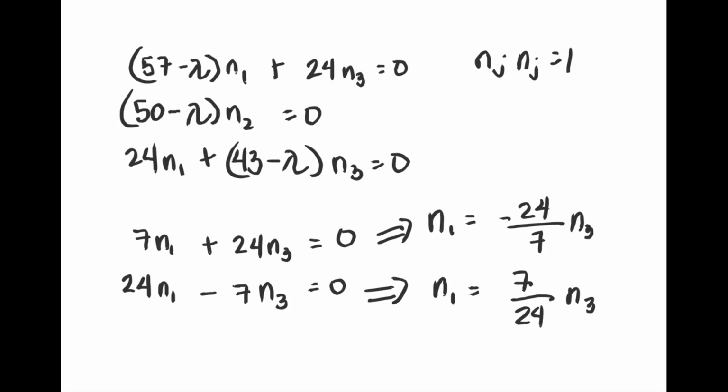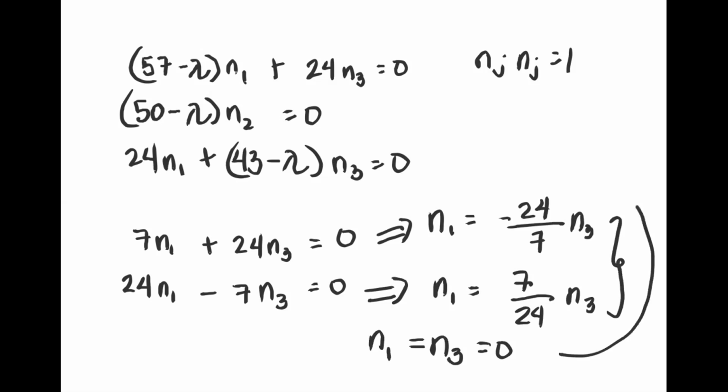Pag 0 po yung both n1 and n3. Very good, no? So this can only be true if n1 and n3 are equal to 0. So if that's the case, then there's no conflict. Tama? Now, we still have to satisfy this one.